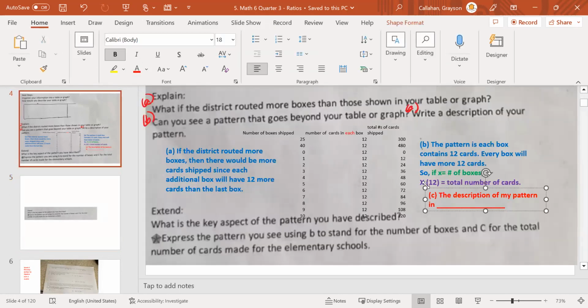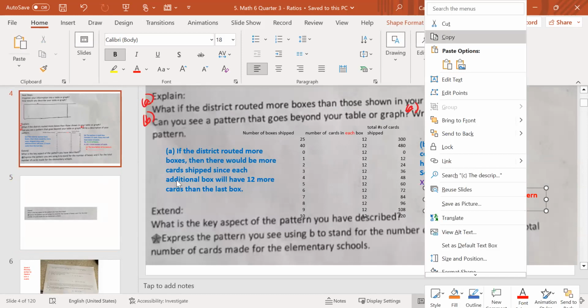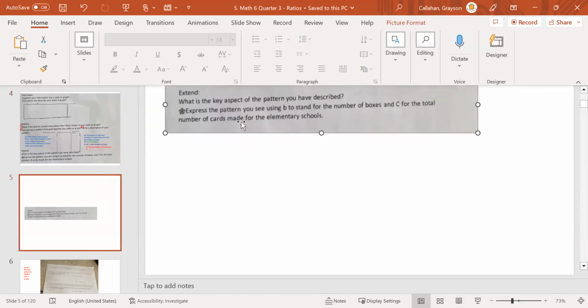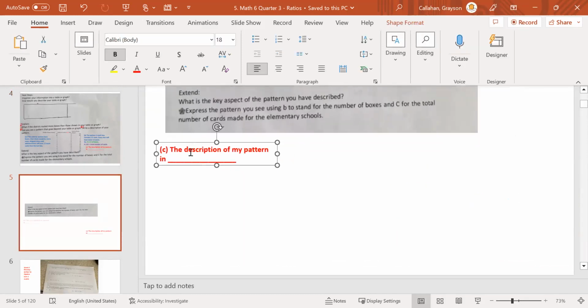So for that one, you're just going to go back to your question and respond to it. I feel like a lot of these questions are very repetitive. Like it's asking the same thing over and over again, right? So you just answer over and over again. The key aspect of the pattern is, and then describe it. Yes? So then this is A.